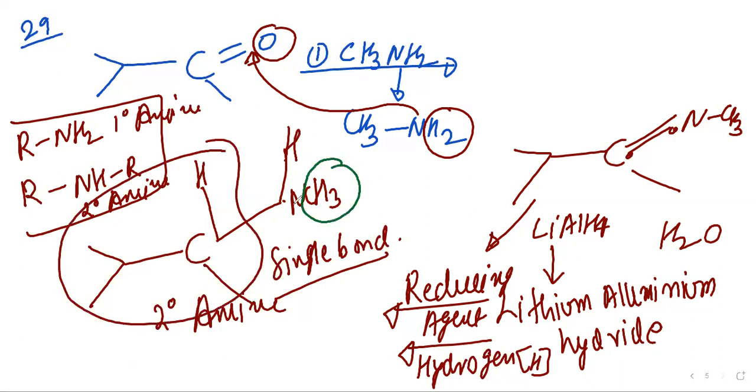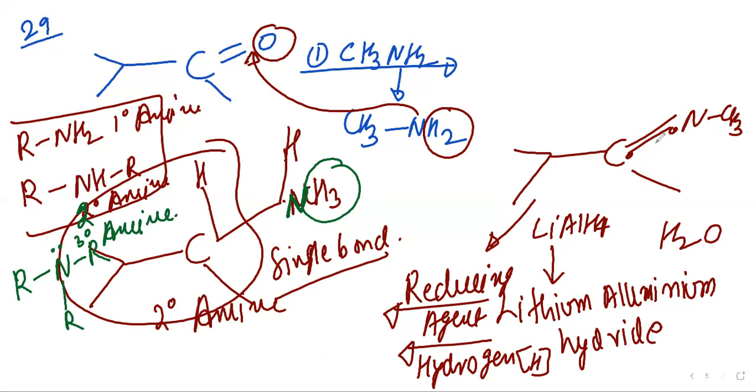When nitrogen is attached with 2 R groups, then it is called secondary amine. And when it is attached with 3 R, then it is called tertiary amine. 3 degree amine. So write it down.